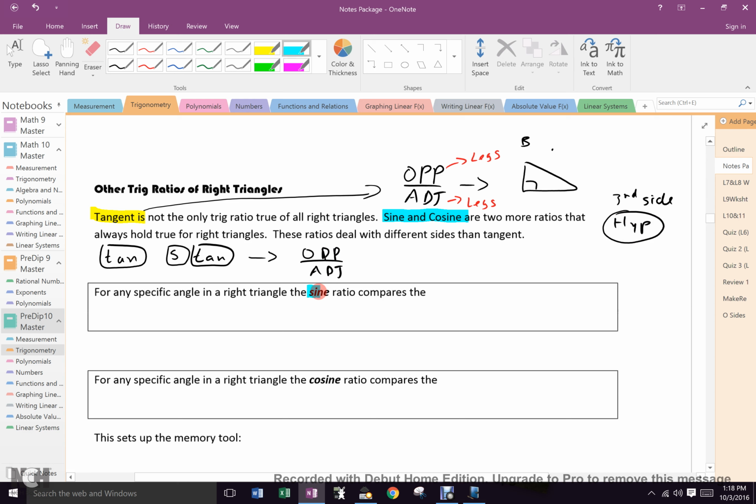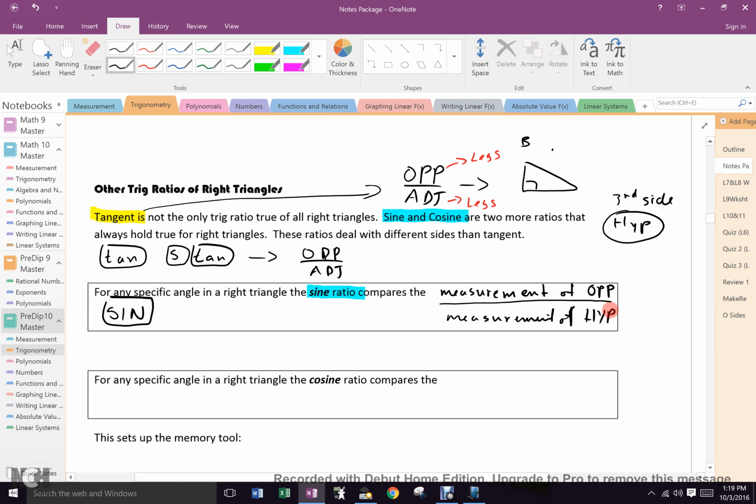So we will start with the sine ratio, which on your calculator is the sin button. The sine ratio compares the measurement of the opposite over the measurement of the hypotenuse.